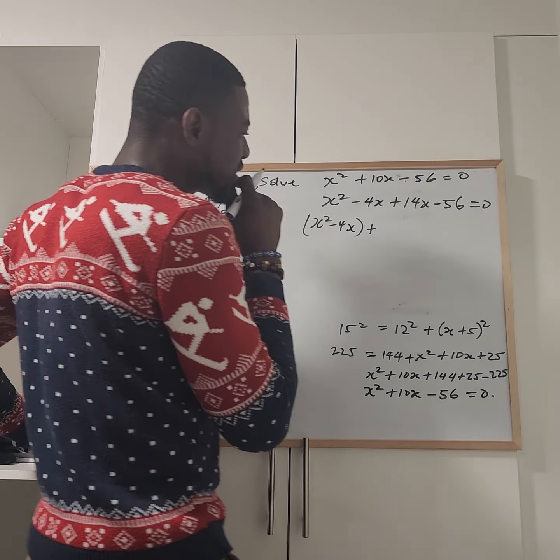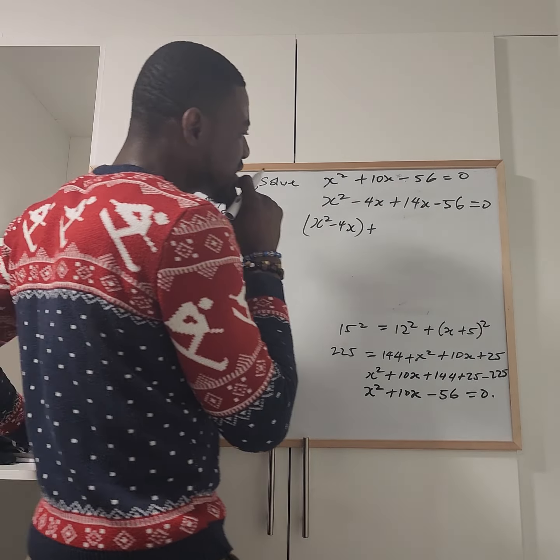14 will go in itself. So if 14 divides itself, it will give us 14, so put it outside. 14x divided by 14 will give us x. And 14 goes in 56 to give us 4. This is not yet complete. I still need to bring out the x.